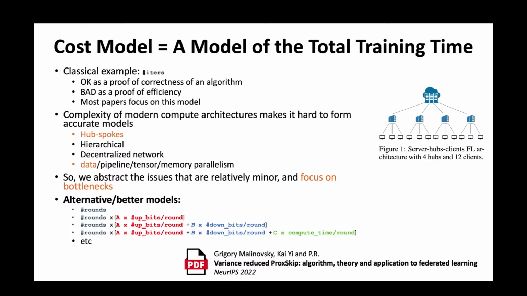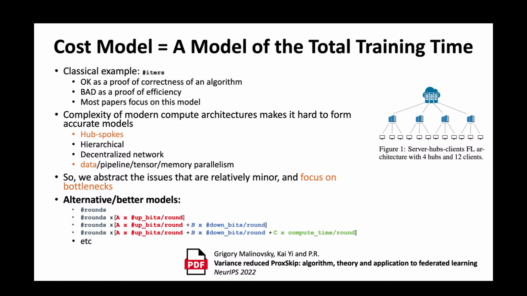So this is the work where we're able to show that when you have this kind of a model, this last one, then we know that, for instance, when you choose a local solver, it should not be simple SGD, but it should be variance reduced SGD, because that makes this whole sum, this whole total cost smaller than if it's just SGD or GD.